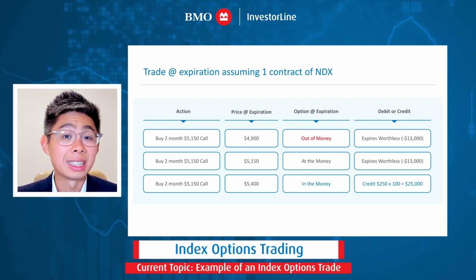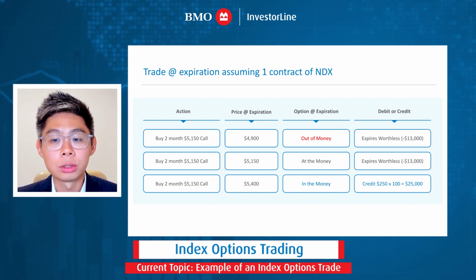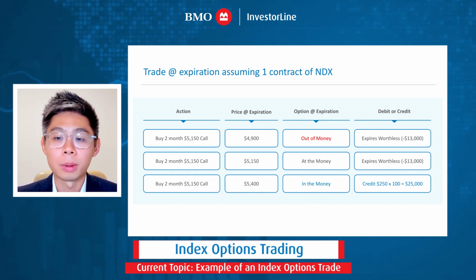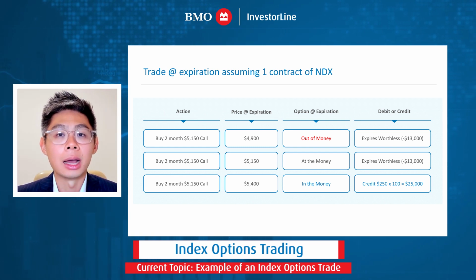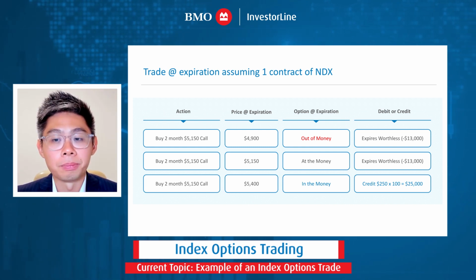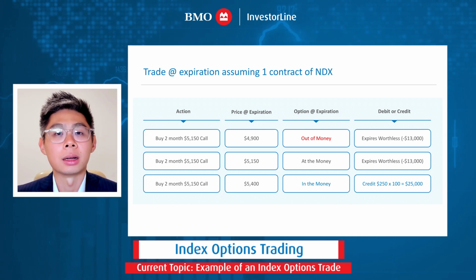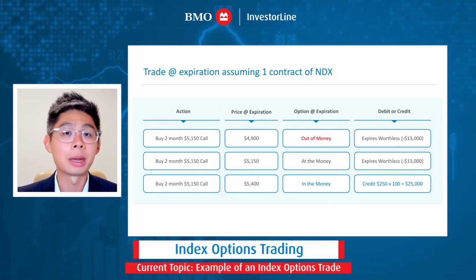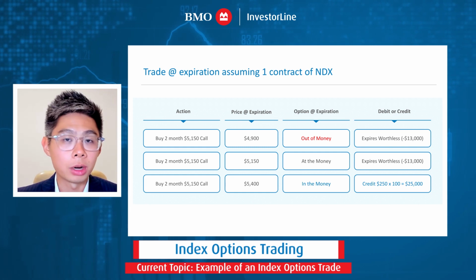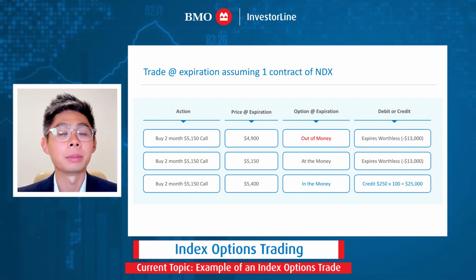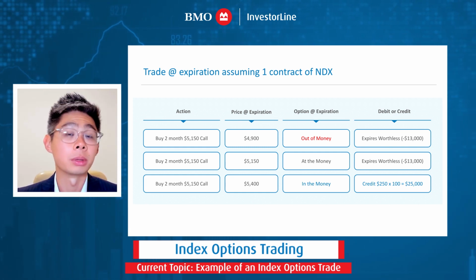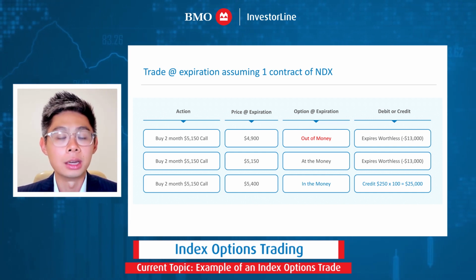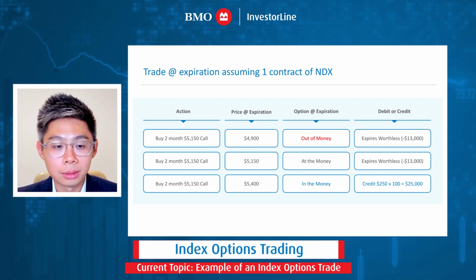This call option is now out of the money at expiration, which means that just like any other call option on a stock or ETF, it expires worthless. And in this particular case, I effectively have $13,000 debited from my account. Now, the debit happens at the time that I open the trade, so nothing actually happens at expiration. This option simply expires, and I lose the $13,000 that I paid initially to get into this contract.